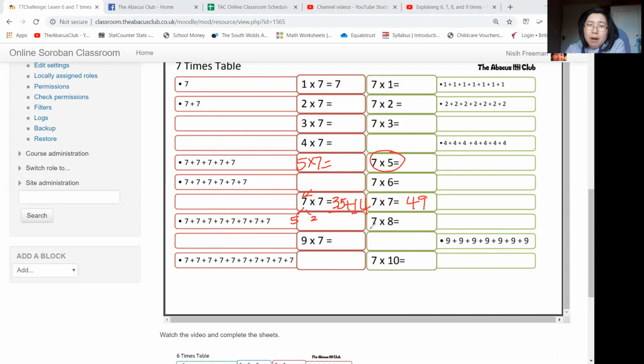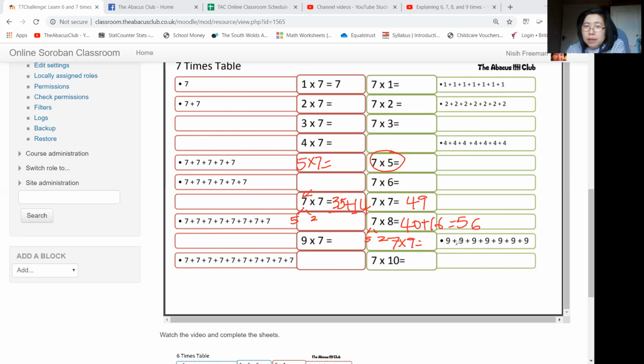Now then, what about if we do the 8 times table here? 7 times 8, we just split it into 5 bags and 2 bags. So then we do 5 times 8 is 40, add 2 times 8 is 16. Look, it's very easy, and that's all it is. You can do any multiplication. 9 times 7 is the same as 7 times 9.